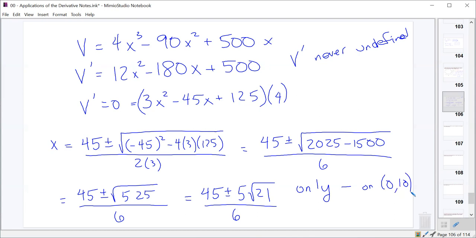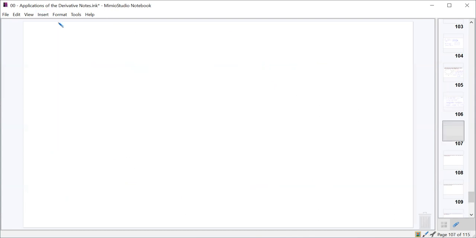And so when we make our sign chart here, we will say we have 45 minus 5 root 21 over 6. And we'll put 10 and 0 at the ends of our sign chart just to remind ourselves not to pick anything in between there. And we said that that value was, let's see, what did we say?